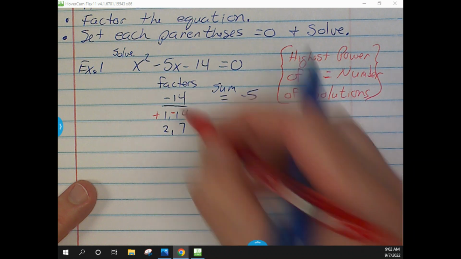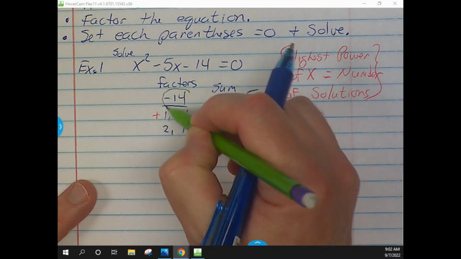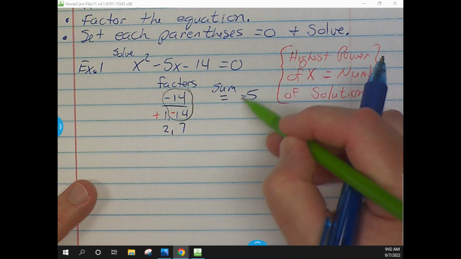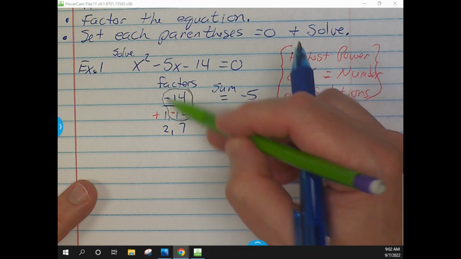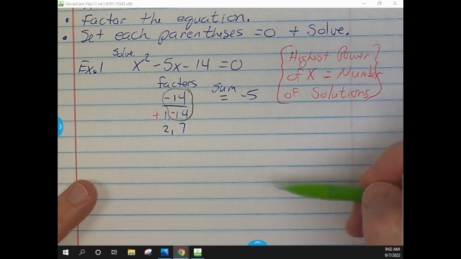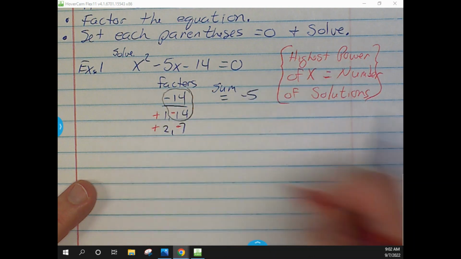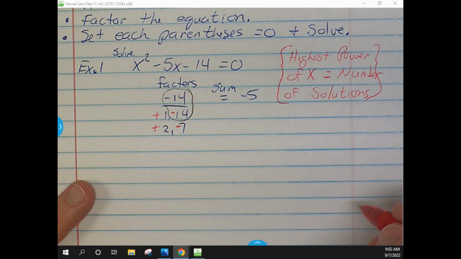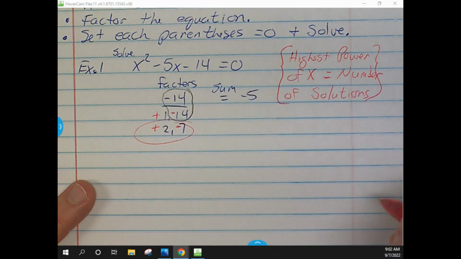So if you divide these two numbers, because you got negative over negative, it should make the other number a positive. But yeah, that sign always goes with the bigger factor. And then you just divide these two numbers to see what this number is going to be. So we got a negative there, and we got a positive there. The only pair that's going to get you to negative 5 would be 2, 7.